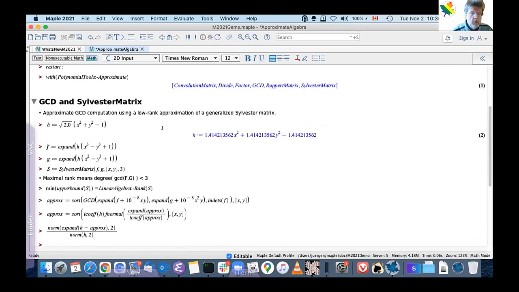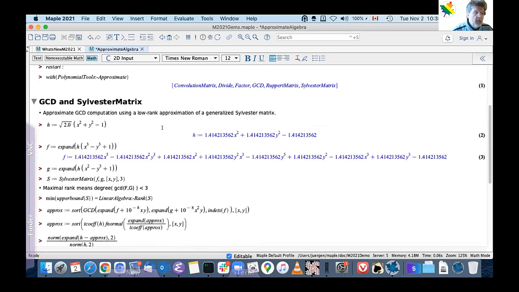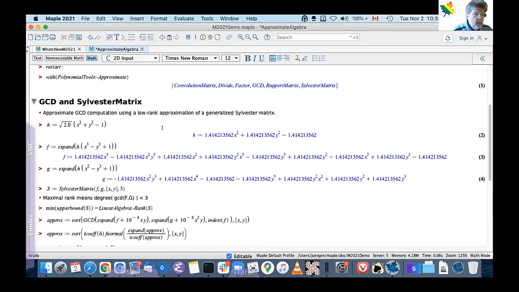We create a polynomial with floating point coefficients so that we get round-off errors and noise. And we multiply this same polynomial by 2 different polynomials. So the designated GCD is the original polynomial here, but already in the multiplication, by expanding these, we introduced round-off errors.